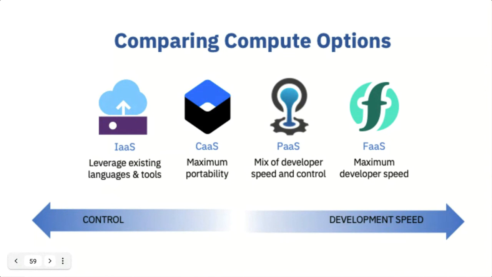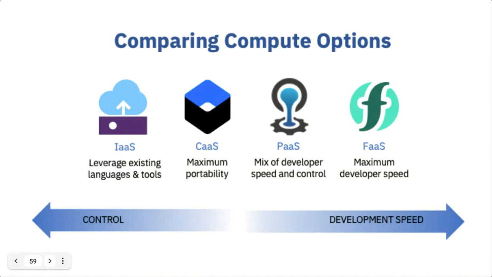To try and clarify some of the available offerings, we're going to take a look at some of the acronyms, namely infrastructure as a service, platform as a service, containers as a service, and serverless, which is also known as functions as a service. When trying to decide which of the offerings is most suited to you, one way to look at it, which isn't necessarily the most helpful way, is how much money do you have to spend.